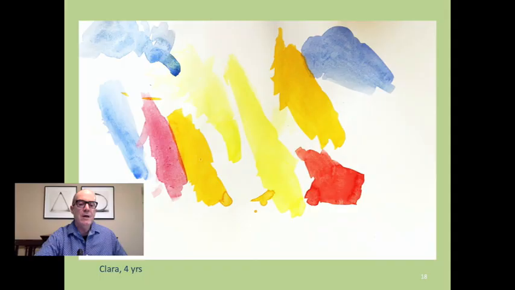Okay, now in this case, I'm beginning to notice something quite intriguing. This is by a child who's 4 years old, and I noticed that with the yellows and the oranges, there's a sort of regularity. The space between those marks is kind of consistent. The colors are consistent, and the diagonal, the way they're shaped, the way that they're flowing, is consistent.